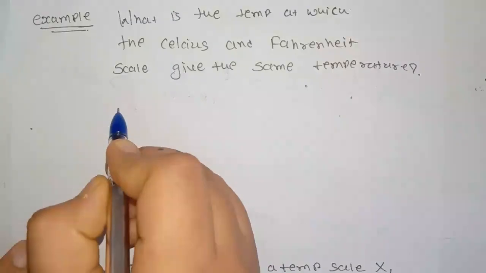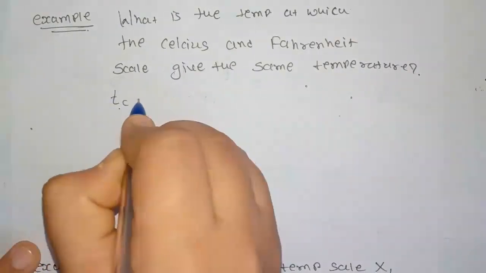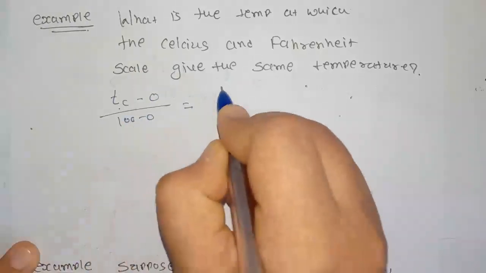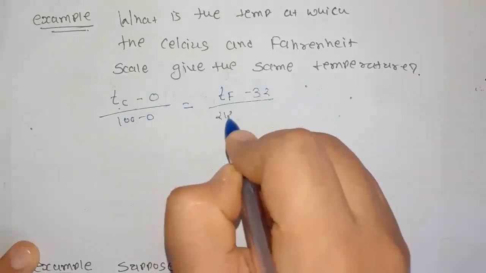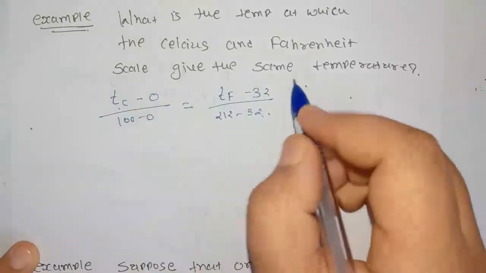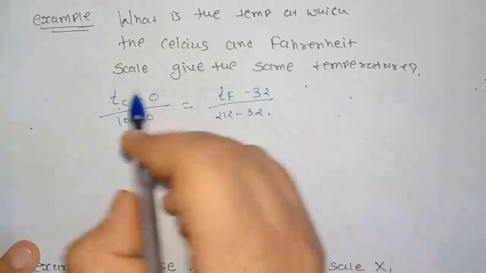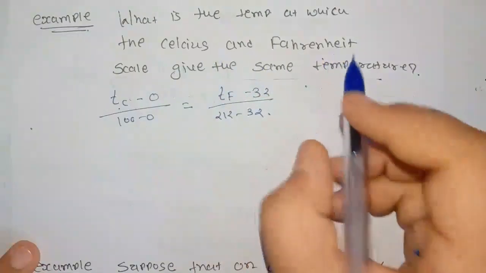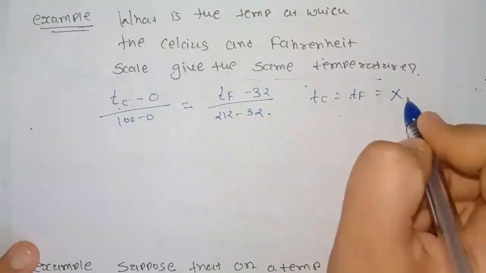The conversion between Celsius and Fahrenheit is given by (Tc minus 0) upon (100 minus 0) is equal to (Tf minus 32) upon (212 minus 32). It is given that they both have the same temperature in Celsius and Fahrenheit. So let's say Tc is equal to Tf is equal to X.